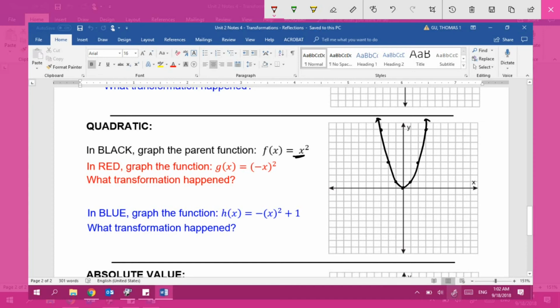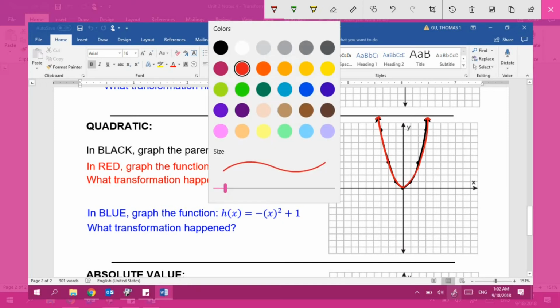But if I'm reflecting, you can see the negative sign is on the inside, right? That means I'm reflecting over the y-axis. But if I reflect this graph over the y-axis, it's literally gonna land right on itself. So if I reflect it over the y-axis, look, boom, it just lands on itself because it's already a mirror image of itself.